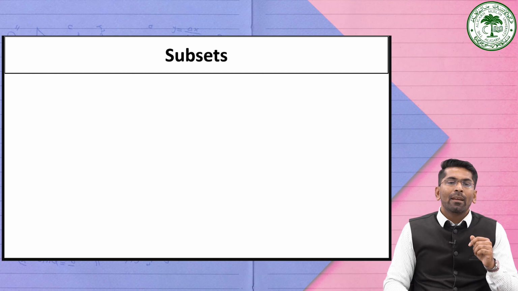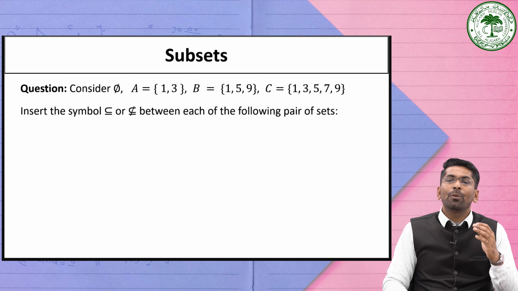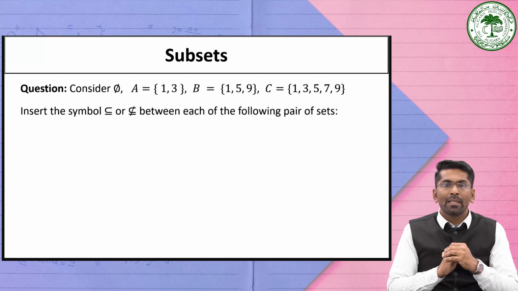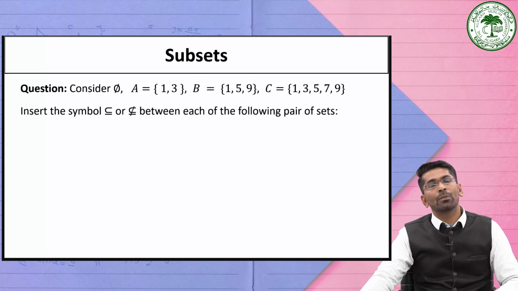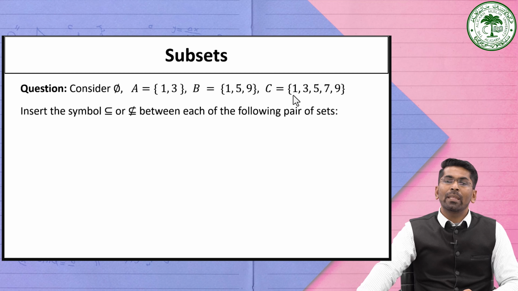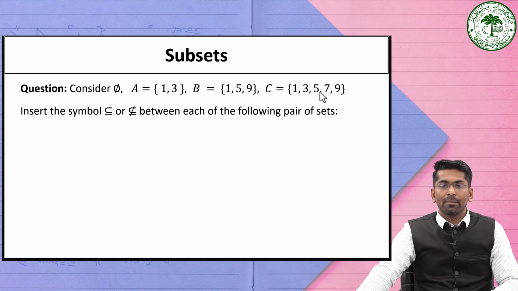Now, consider one question. We are given set A, which has the elements 1 and 3, set B, which has the elements 1, 5, 9, and set C, which has the elements 1, 3, 5, 7, 9.